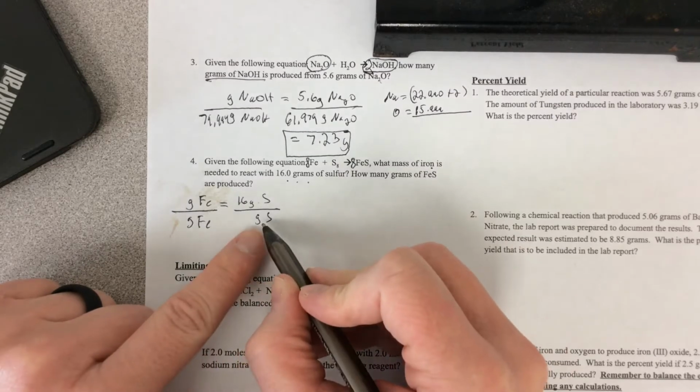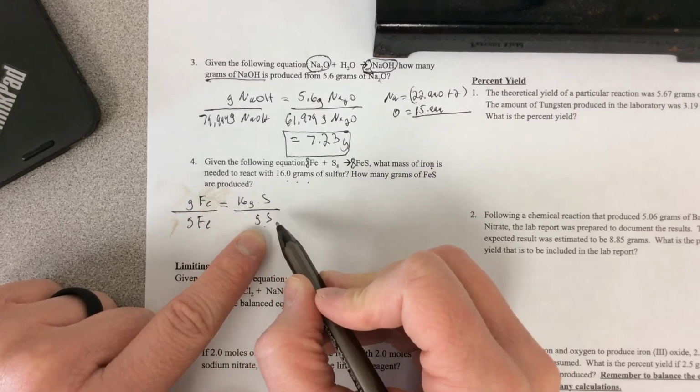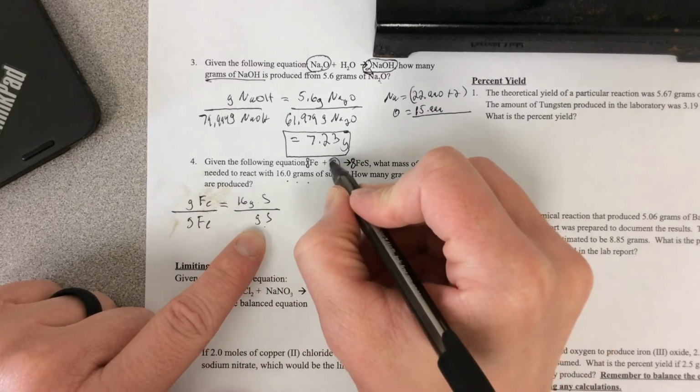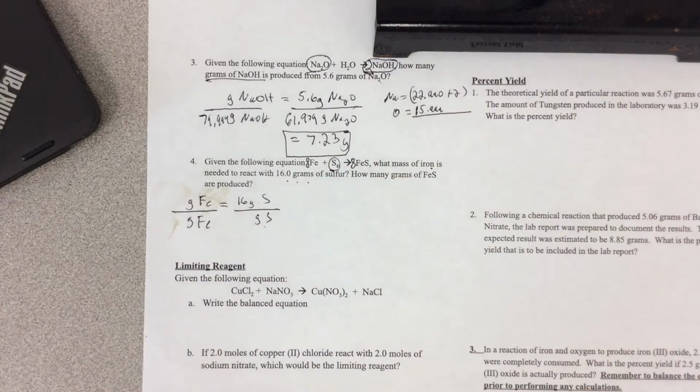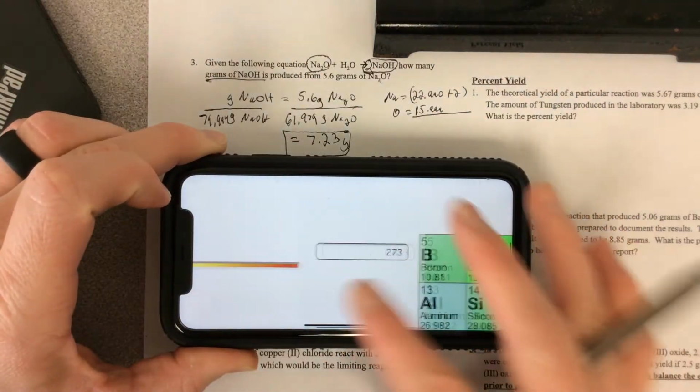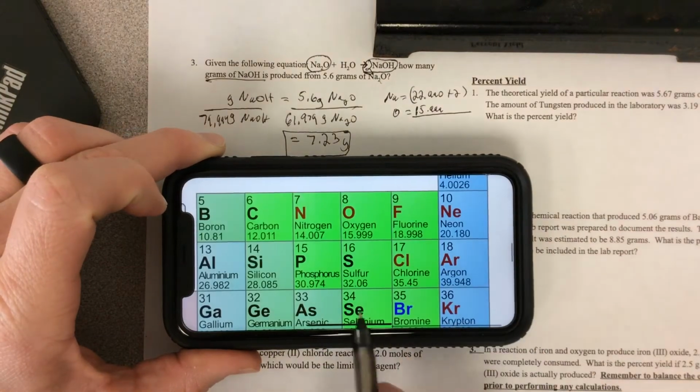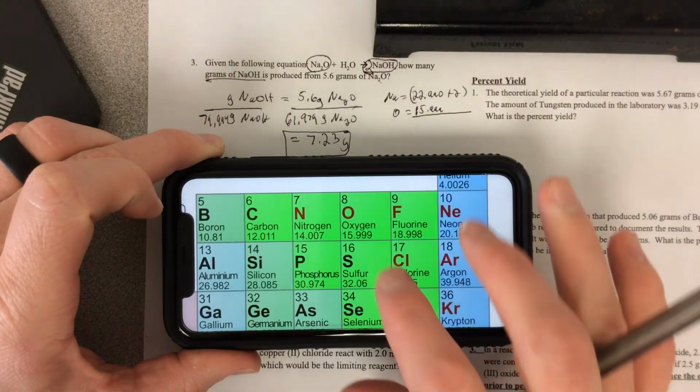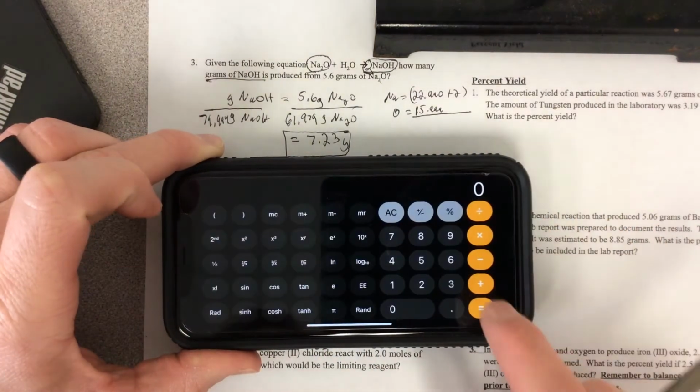So I go back to my equation. It wants to know grams of sulfur, so I have to figure out the weight. So I look right there, and there are 8 sulfurs. So look here, sulfur is 32.06, and we're just going to multiply that times 8.